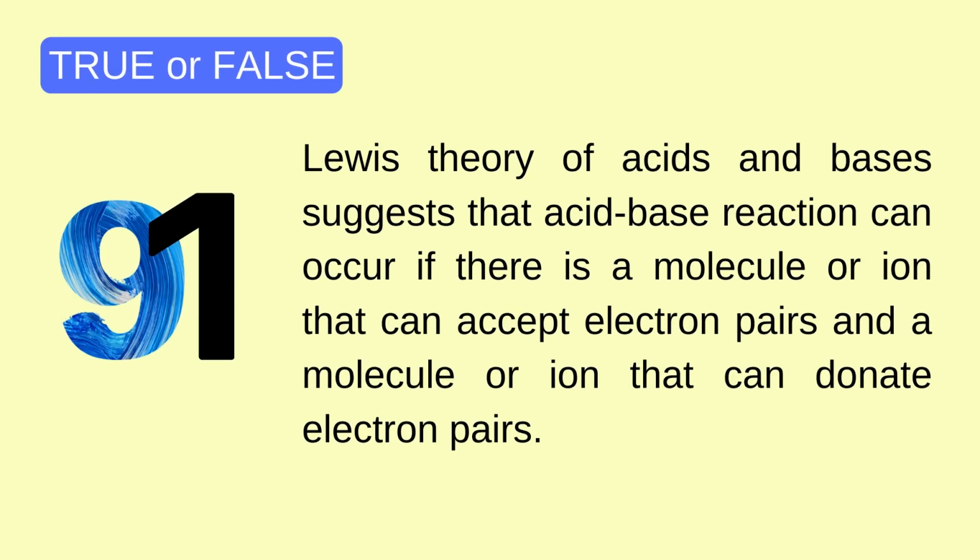Lewis' theory of acids and bases suggests that acid-base reaction can occur if there is a molecule or ion that can accept electron pairs and a molecule or ion that can donate electron pairs.